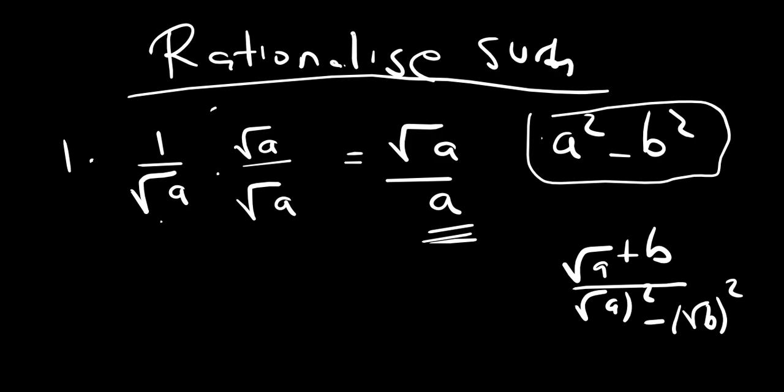Okay, so what are you going to do? On the numerator, a plus root b will remain. This is root b.